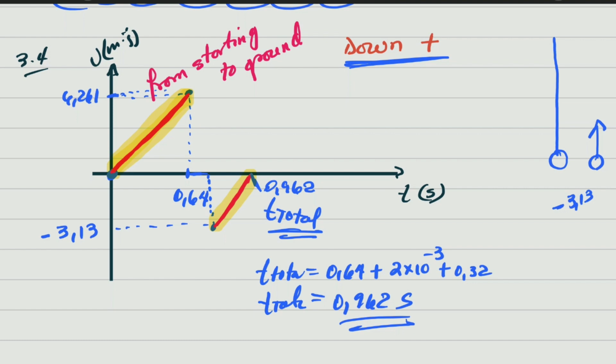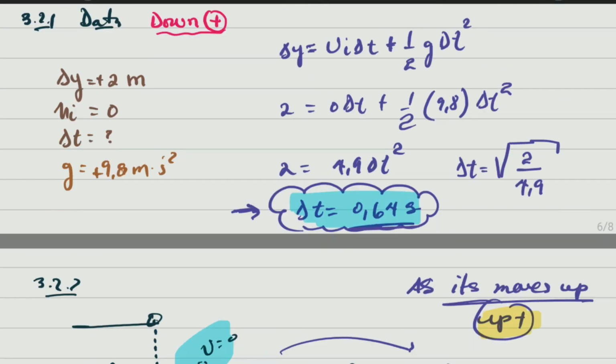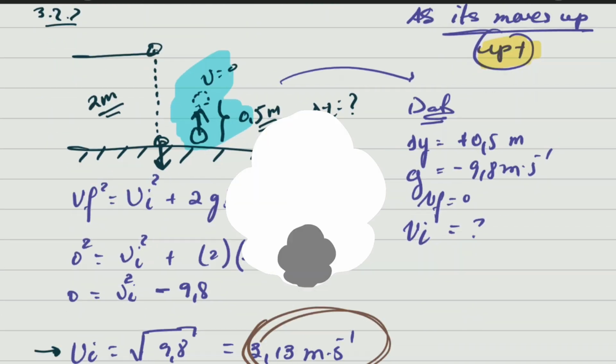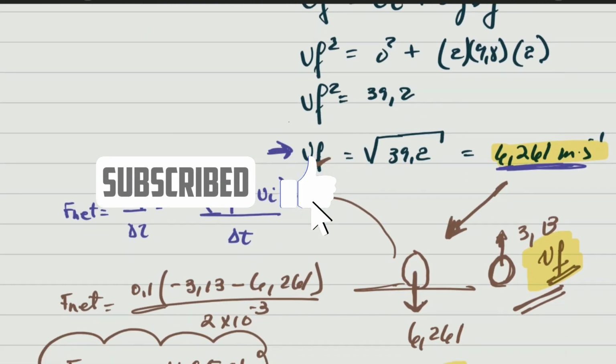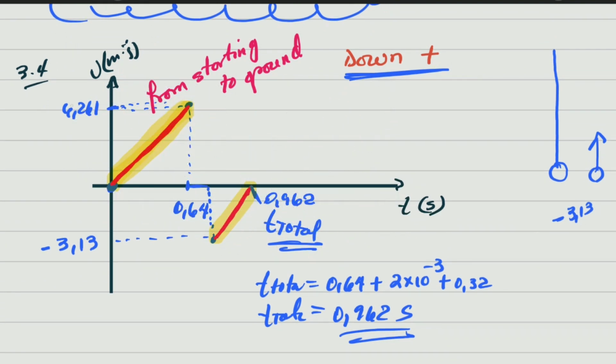Now the confusion here is that some people will write the 0,32 instead of 0,962, but it must be the total time, guys. And saying that, this is the final part. The final part says: is the collision elastic or inelastic, and explain your answer. But that one is quite easy. If we go to the graph, we can see that the velocity with which the ball reaches the ground is not the same as the velocity with which it leaves the ground.